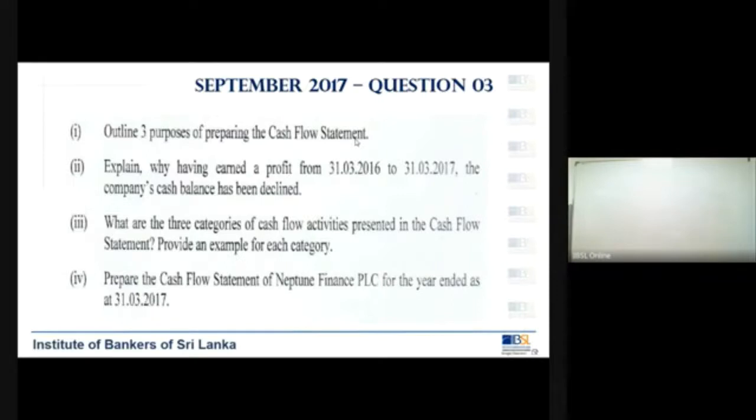As a result, next point. As a result, the profit earned by a company does not correspond to its cash balance.